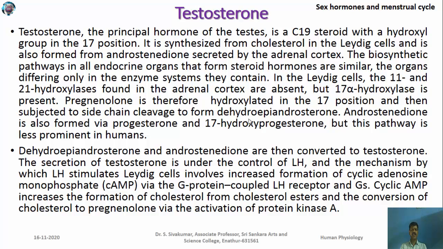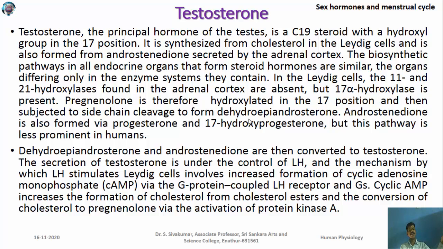Okay, so in the Leydig cells, the 11 and 21 hydroxylase, which are usually present in the adrenal cortex, are absent here. Instead, 17 alpha hydroxylase is present. That is why not all the steroid hormones are converted into testosterone. Only in a few organs is it converted into testosterone.